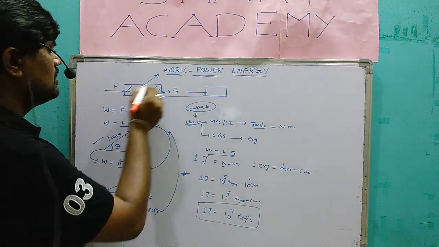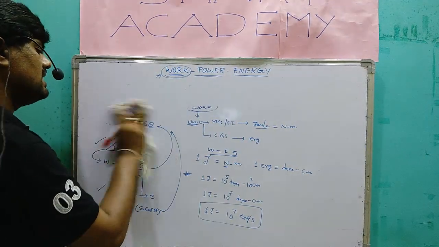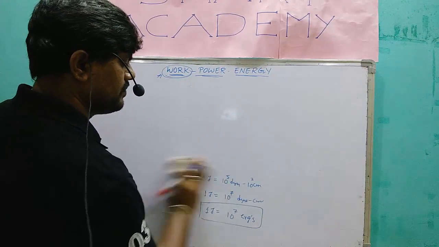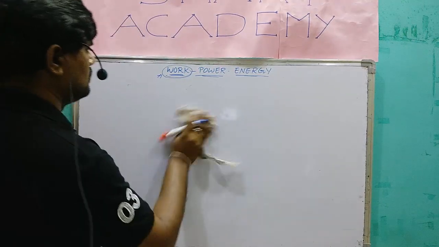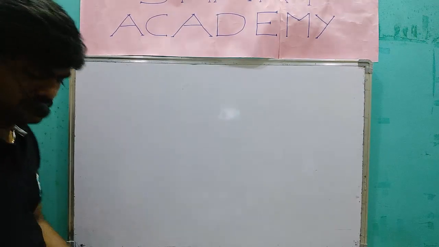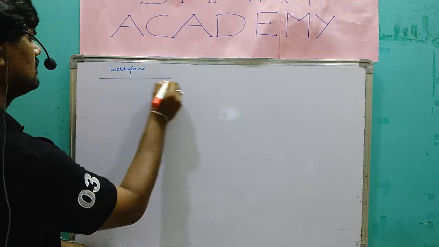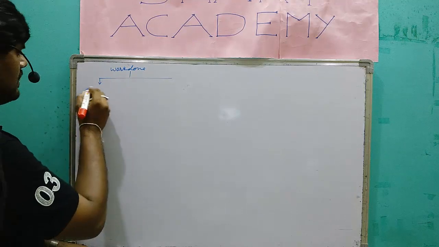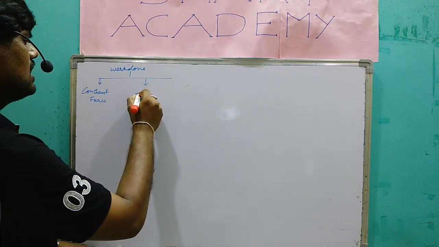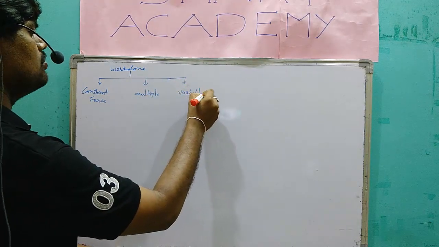Okay. So here, if we discuss this work done, the work done value is measured in 3 ways: with respect to the constant force, the multiple forces, and the variable forces.